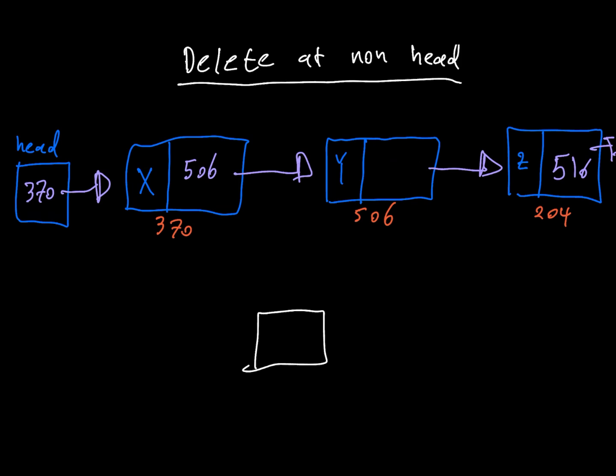So this would be address 516. It would now point to whatever node is off screen, and this node, we don't care about it anymore, right? So it all works out. And time complexity, of course, is big O of n, because in the worst case scenario, you may have to traverse your entire linked list.